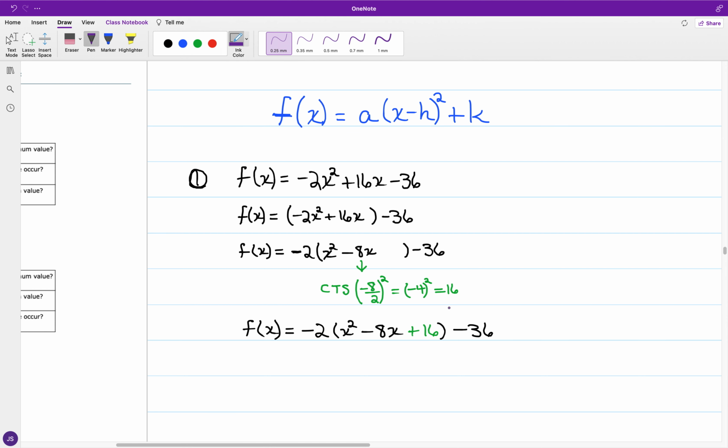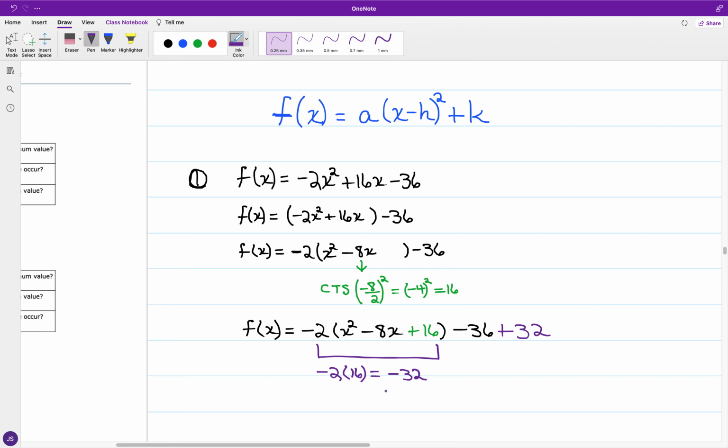As I'm adding 16 inside the parentheses, in the whole package I'm actually adding negative 2 times 16. In other words, I'm doing the equivalent of subtracting 32 at the front, and I want to offset this created deficit by adding 32 at the end.